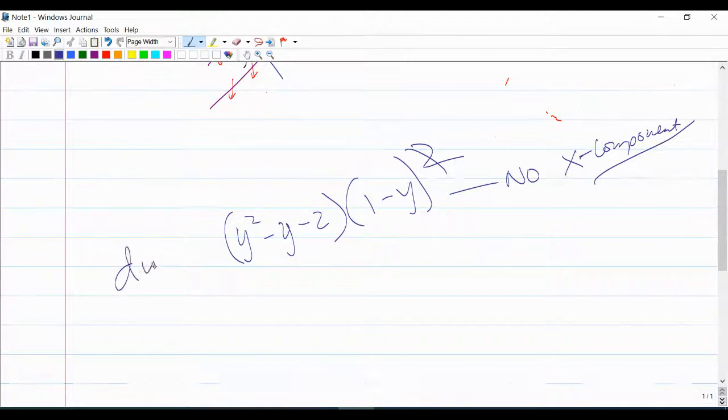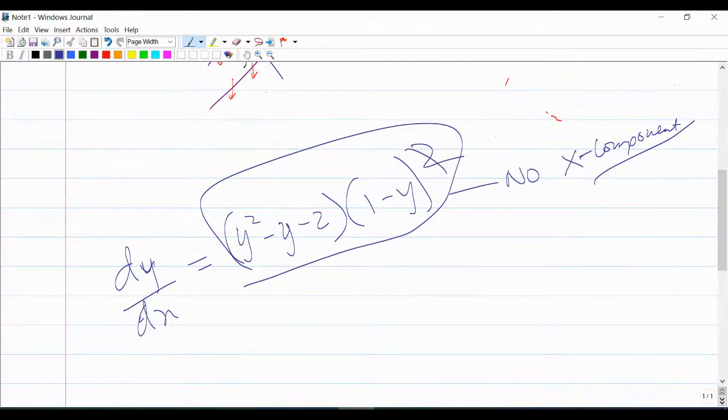So when the differential equation is defined in this form, then you go for nullclines, because there are no x values. So nullclines will work here. But the other one is dy/dx equals y minus x.